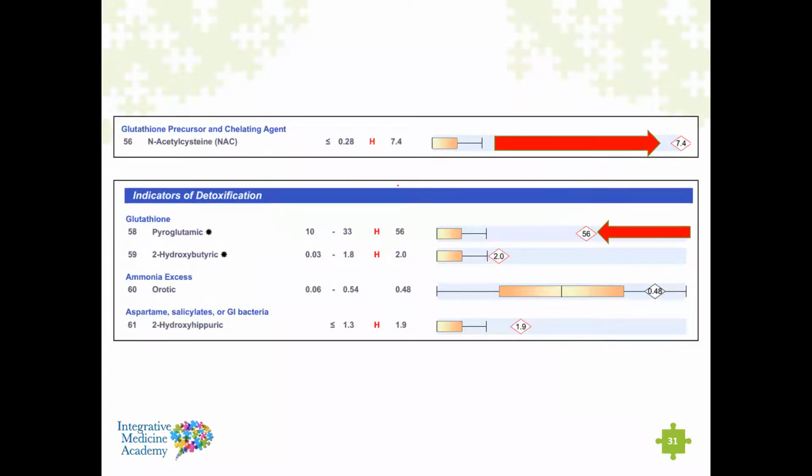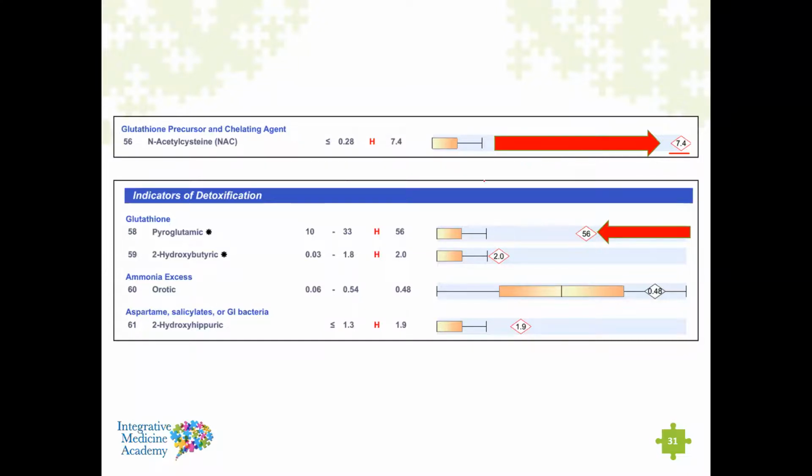Every once in a while, and albeit it's rare, at least in my experience, you can see elevations of N-acetylcysteine on the test. The first thing that you would do if that were the case is ask somebody, are you taking N-acetylcysteine as a supplement? Because if they are, then that's probably why it's high.